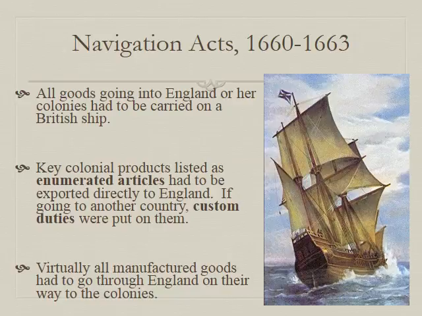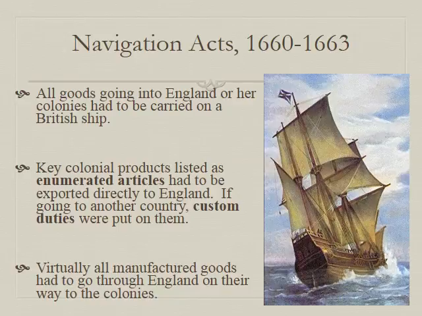Now, virtually all manufactured goods, wherever they came from, had to go through England first on their way to the colonies. So if the colonists wanted French wine or lace, that French wine or lace had to go through England first. Once there, the British would put custom duties on the items to make them more expensive.